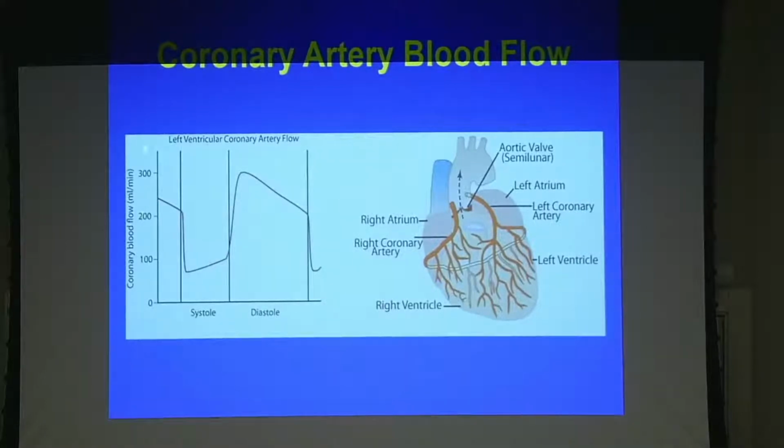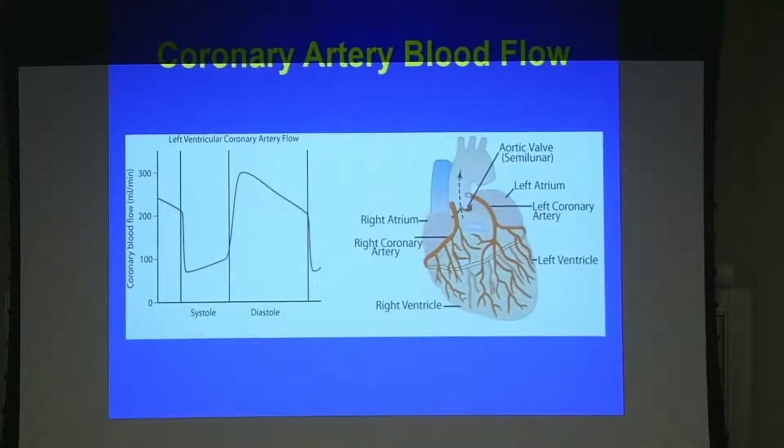So on the ordinate, you see coronary blood flow. And on the axis, you see systole and diastole. And you'll notice that during systole, there's not very much blood flow. And that's not surprising, because remember, we said that the myocardium is contracting. When it contracts and those sarcomeres shorten, they're going to pinch off, they're going to squeeze shut those tiny capillaries in the myocardium.